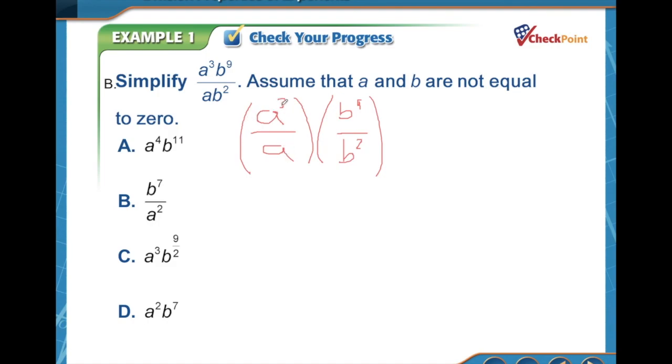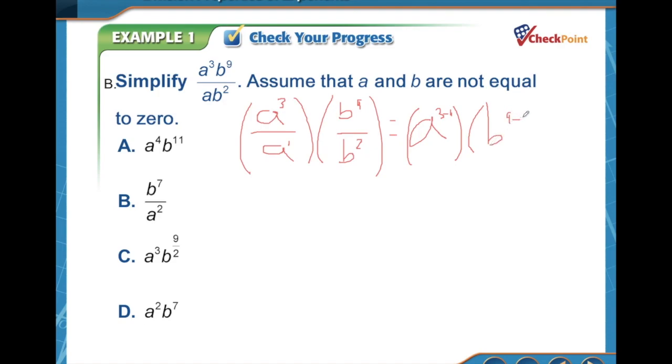So if we have 3, and this is to the power of 1, we don't normally write it, but a variable is just to the power of 1 if there's nothing there. So this is the same thing as a to the power of 3 minus 1. And that's times the quantity, b to the power of 9 minus 2, because those powers are being divided there.